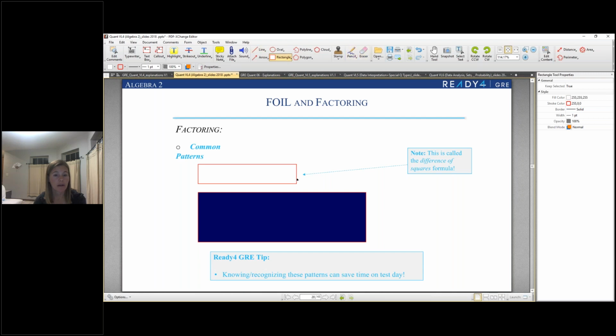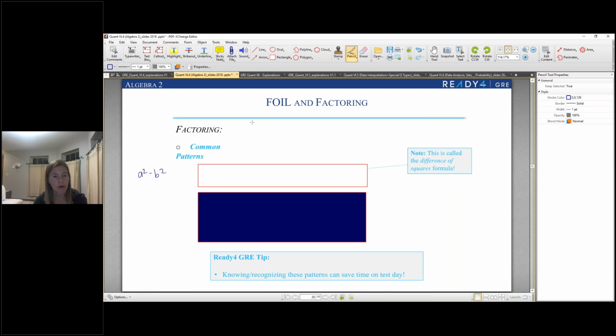The difference of squares is a form that you will see on the test that means you have two perfect squares being subtracted from each other. So in other words, the form you'll usually see it written as is a squared minus b squared.